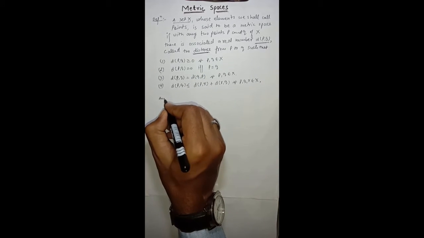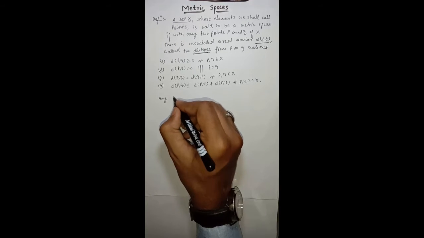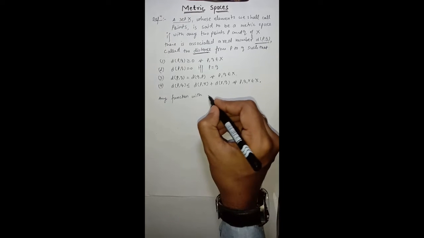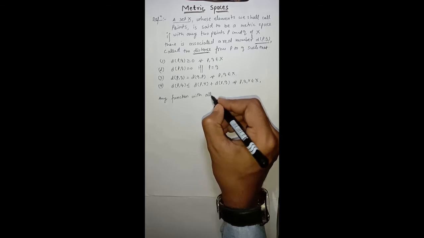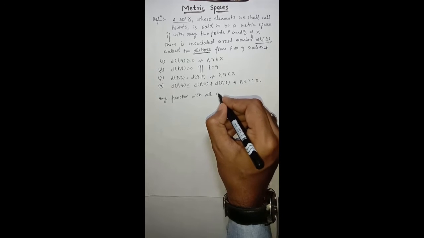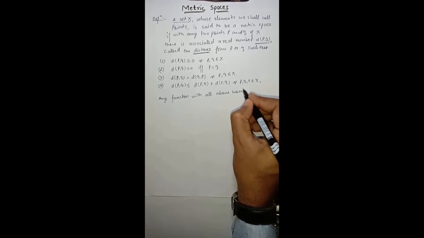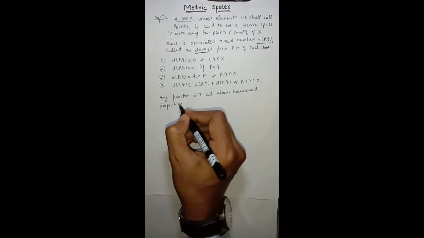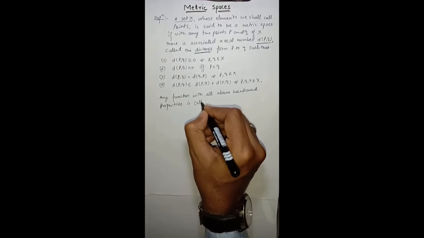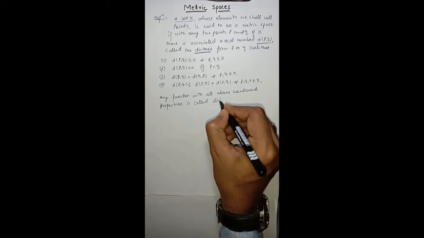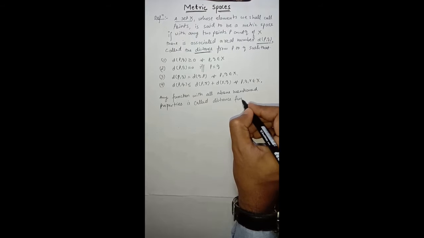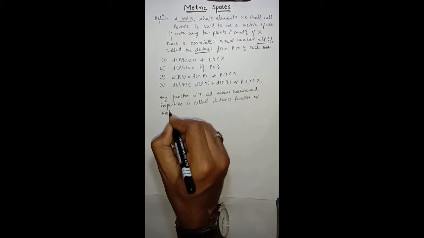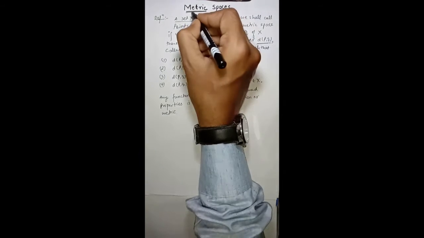Any function with all the above mentioned properties is called a distance function, or sometimes it is called a metric. That is why it is called the metric space.